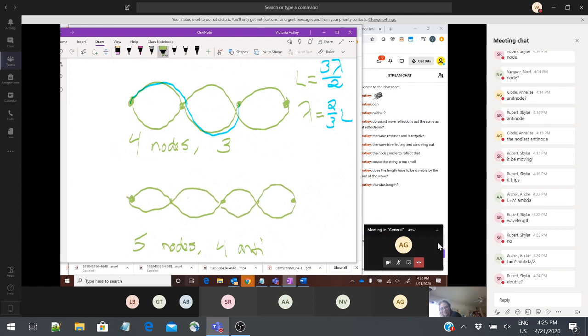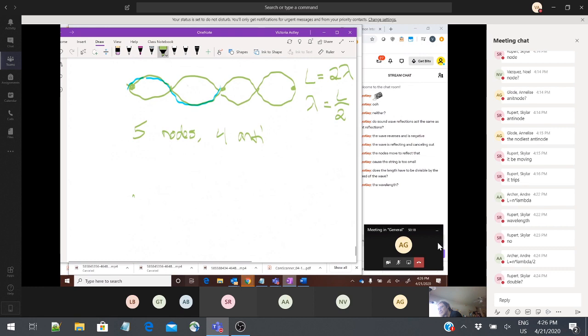Pretend these look decent. Okay. So one wavelength is half of it. So lambda equals L over 2. L equals 2 lambda.